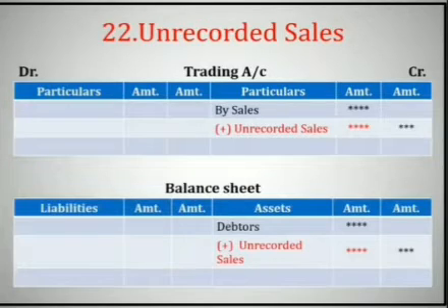That is why we have to give the second effect under the balance sheet asset side, add to the debtors, that is unrecorded sales, and our total will get increased by that amount. In this way we give the two effects for the unrecorded sales.